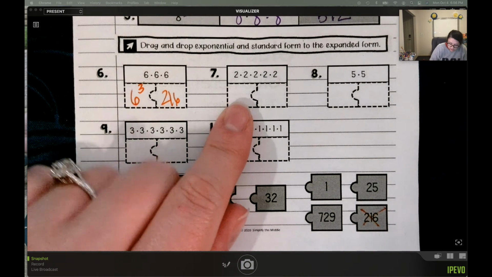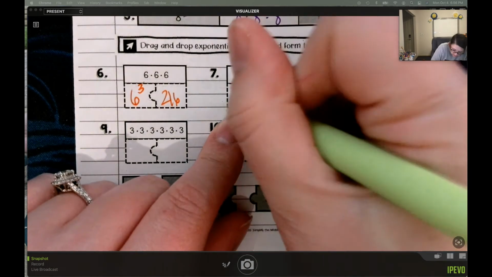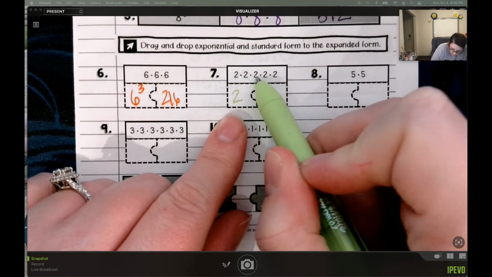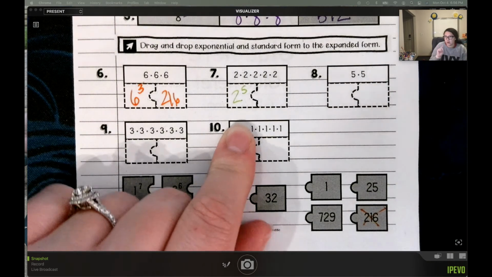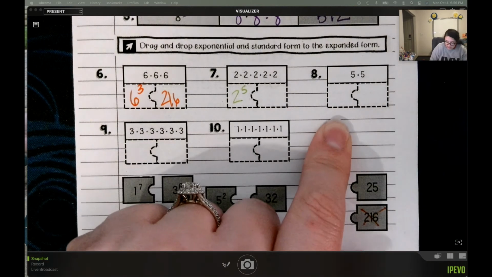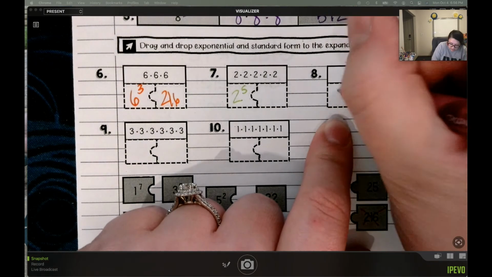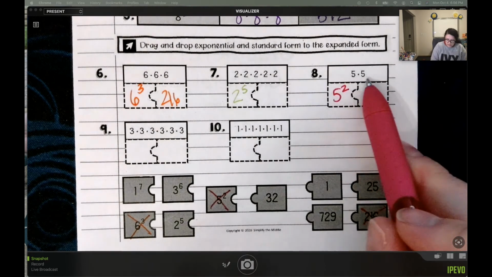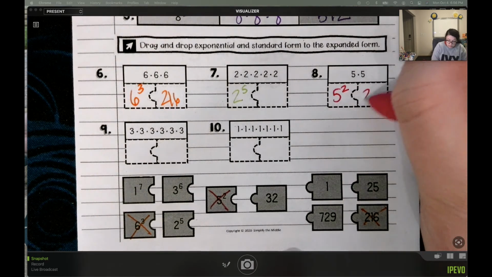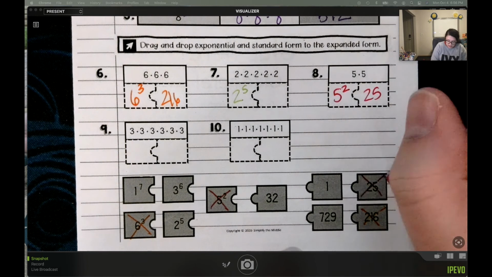The next one, I have 2 to the exponent of 1, 2, 3, 4, 5. I'm not even going to solve it yet. I'm going to hold off on it. On 8, I have 5 times 5, or 5 squared. What is 5 times 5? 25.